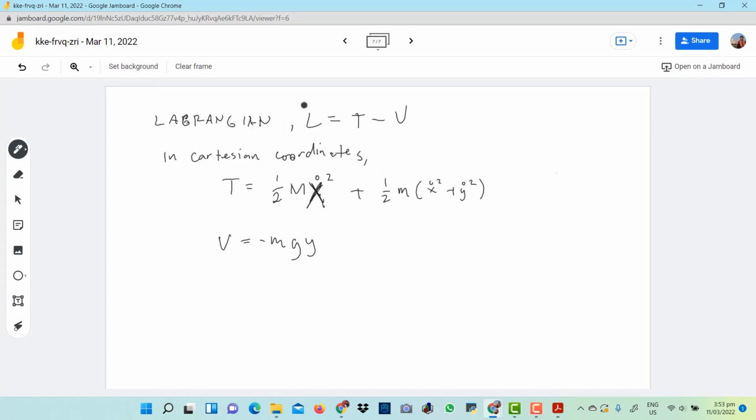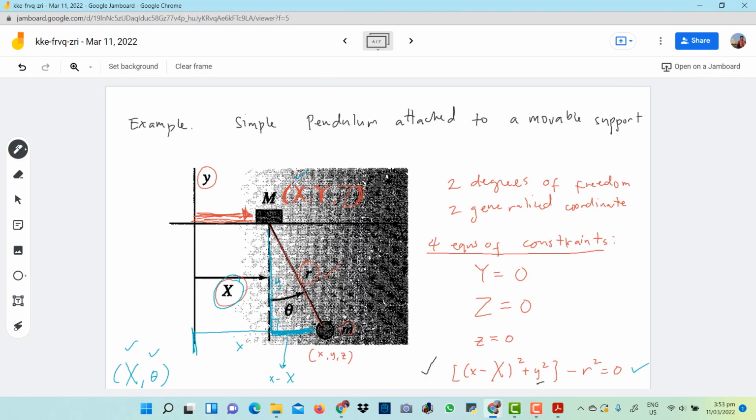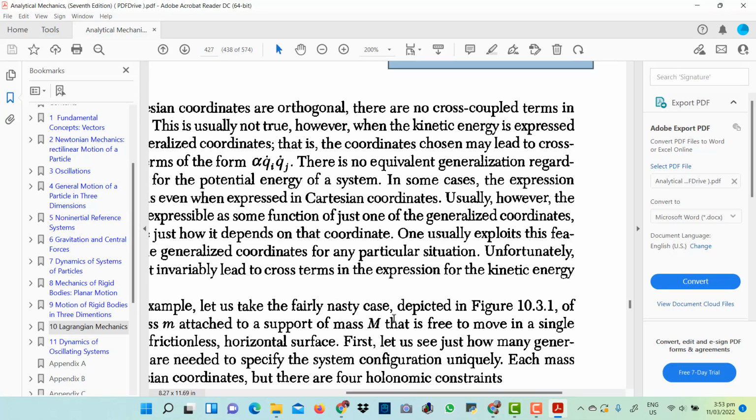Okay? There are two potential energies, but if our origin is here, if our ground is here, then the potential energy of big M is 0, while the potential energy of small m is minus mgy.